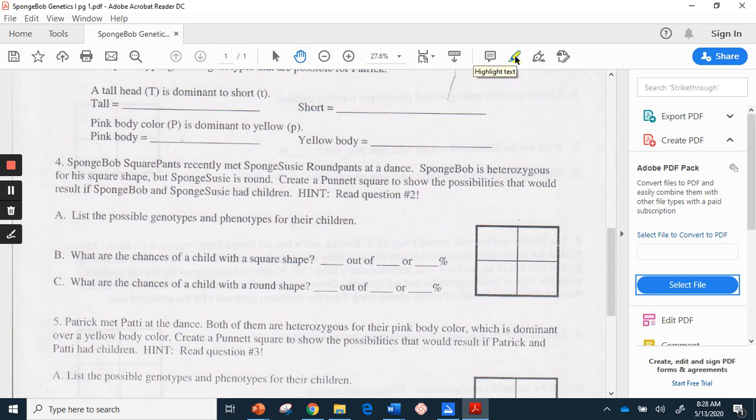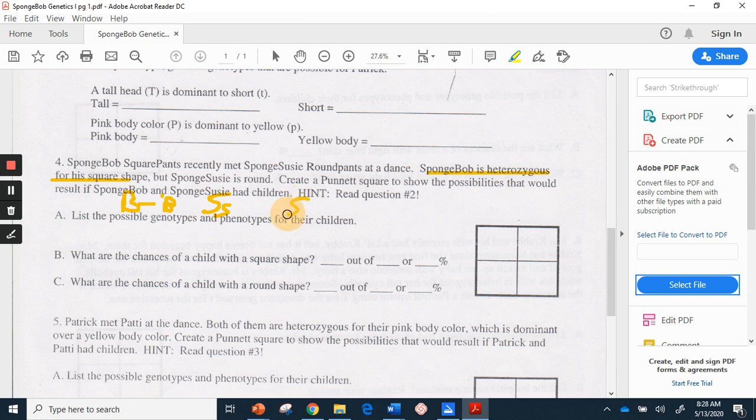Well, let me try and use this. This might work better for us. All right, I'm going to put it back up so it'll stay. We know that Bob, come on, circle. Bob, heterozygous. I took that from here for a square shape.